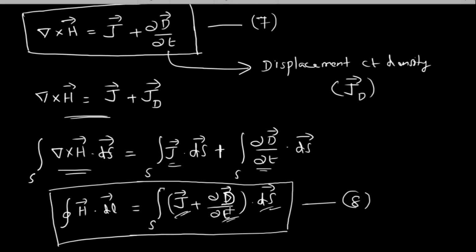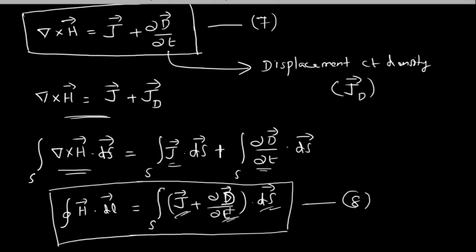J vector is also known as conduction current density, or simply current density. So for the conduction current density, you find the surface integral, and for the displacement current density, you find the surface integral over the same surface. Add them, and you are going to get the total magnetomotive force.